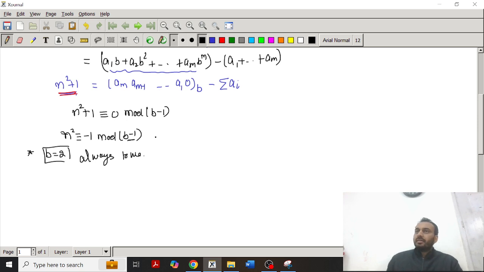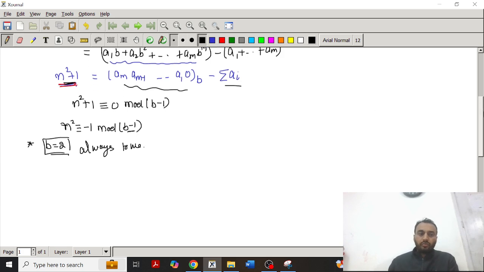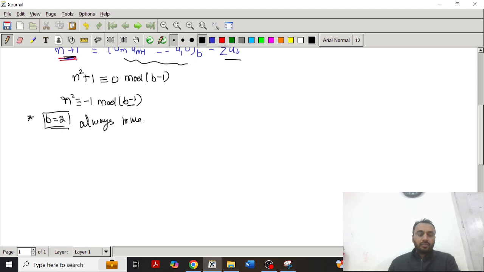So I can always write an n square plus 1 type number in base 2 as a number minus the sum of its digits. And in fact, there are infinitely many such numbers. Now let's try to prove that in base 2 we have infinitely many such numbers.